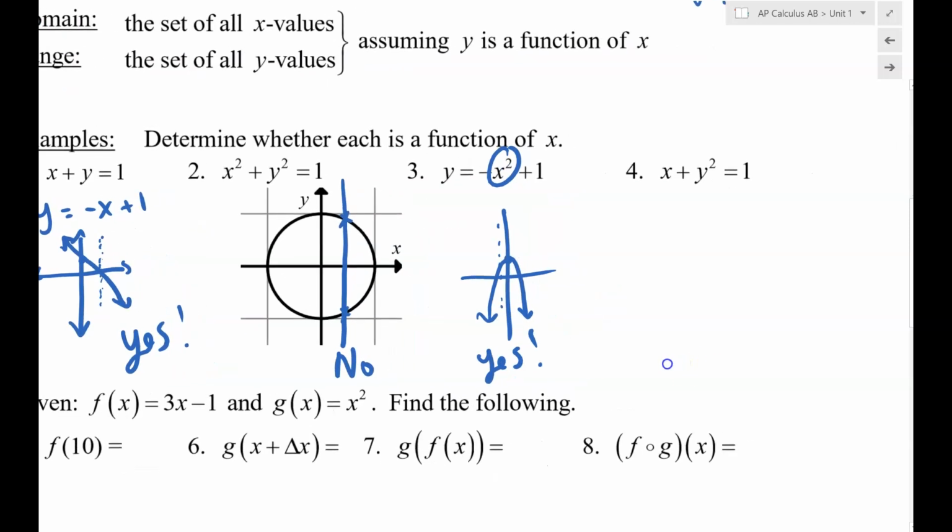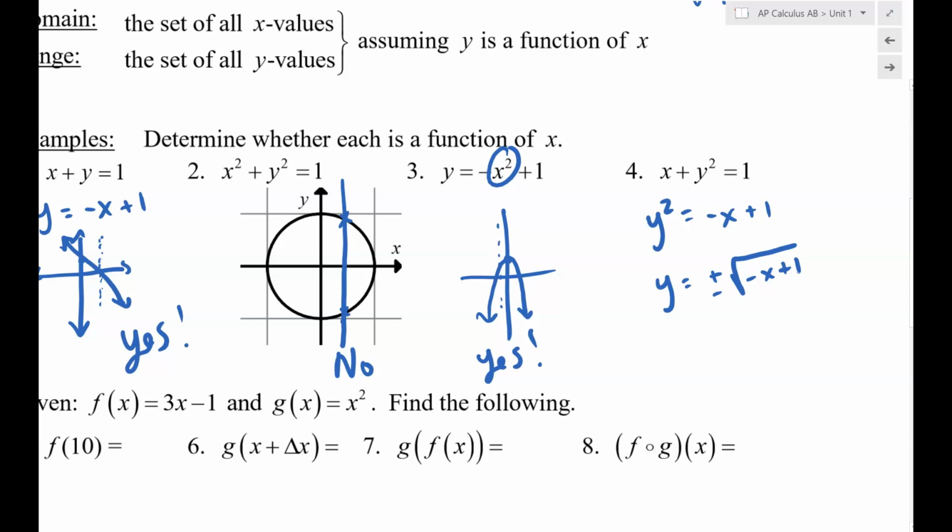Notice in number 4, again, we want to solve for y. If I solve for y, we have y squared is equal to negative x plus 1. Then we'll take the square root, which gives us plus or minus the radical of negative x plus 1.